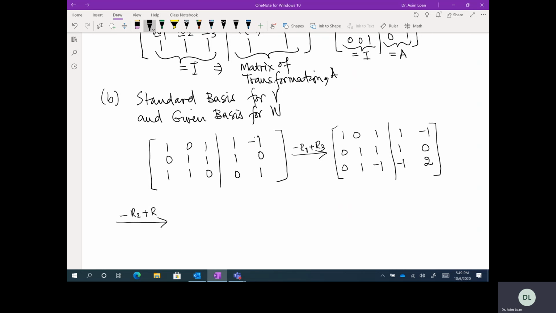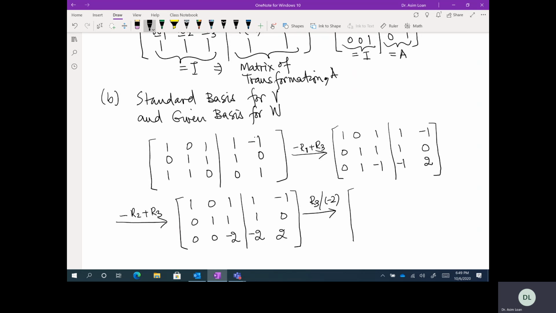If I do that, I have 1, 0, 1, 1 minus 1, 0, 1, 1, 1, 0. Minus 1 is 0. Minus 1 is minus 2. Minus 1 is minus 2. And 2 over here.